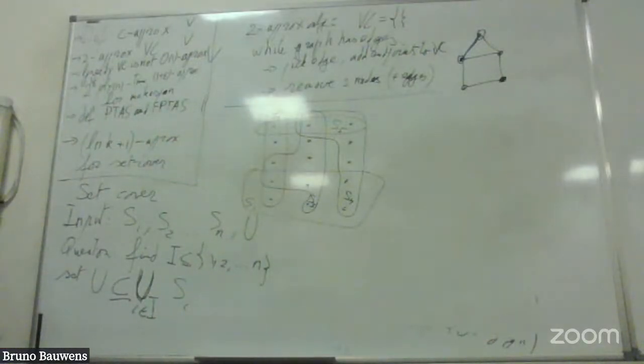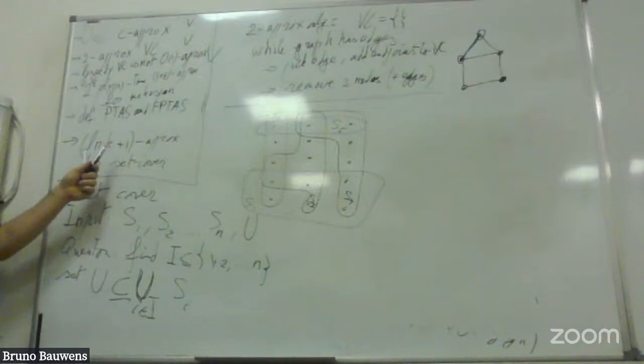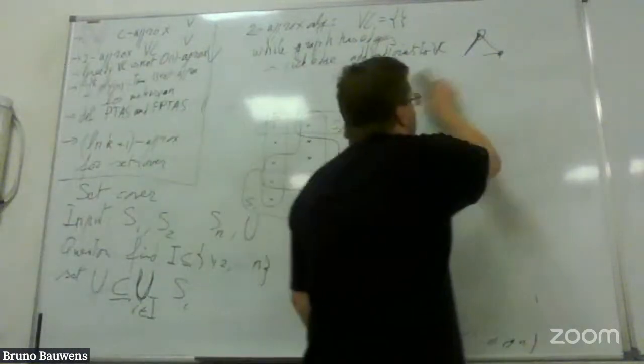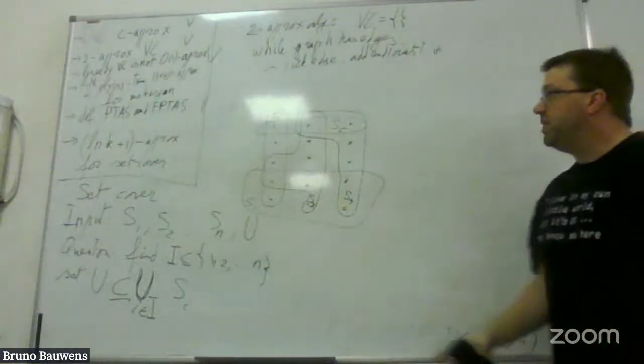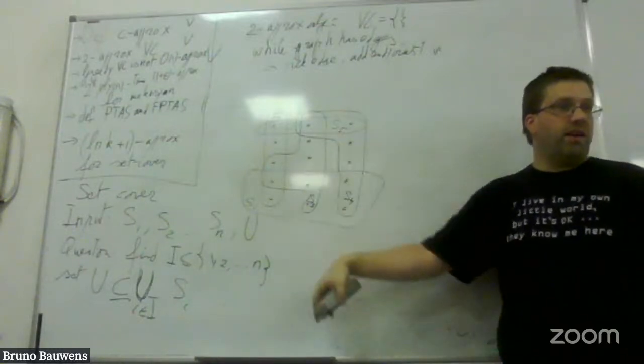Yes. And so now our task is an ln(k)+1 approximation algorithm. And here the greedy works, so let us see why. What is the greedy algorithm? We take the set with biggest cardinality and then we drop all its elements.